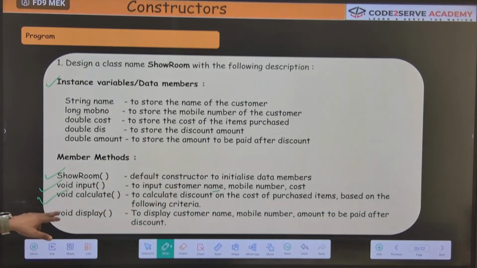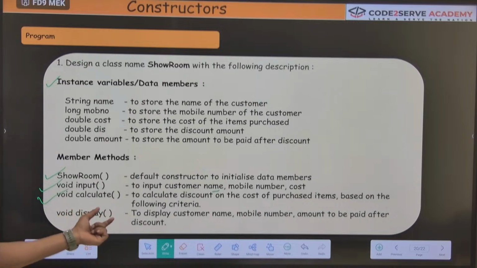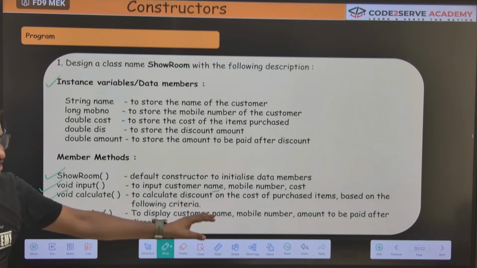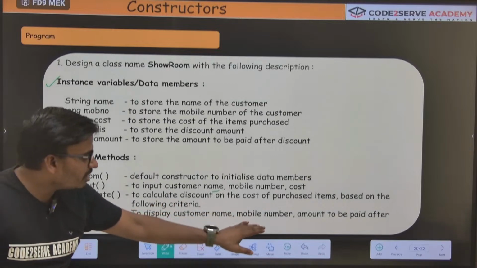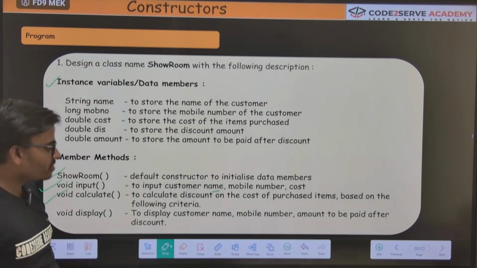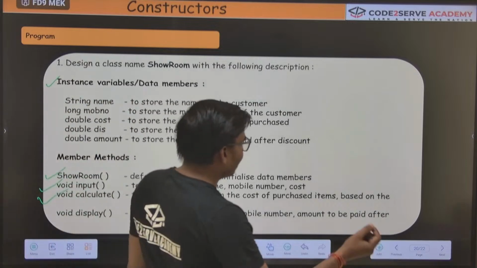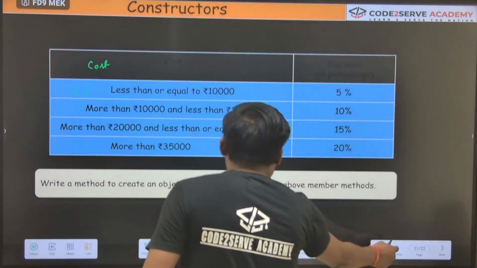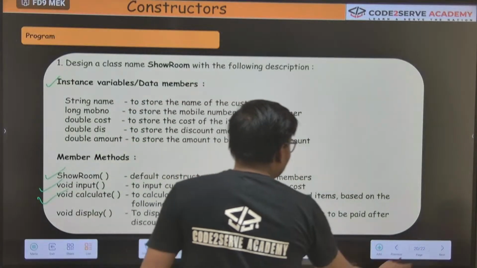Now the next part is display void. So for display void, we have to display the customer name, mobile number, and the amount to be paid after the discount. So you have to display three things: name, mobile number, and the amount. And what is the name of the function? It is display.